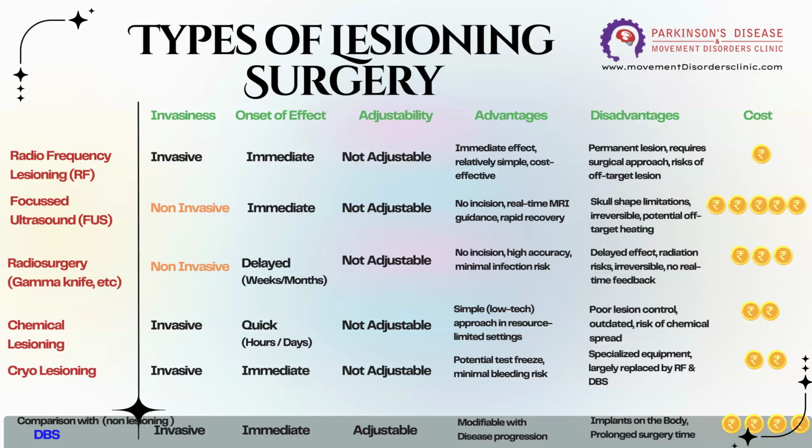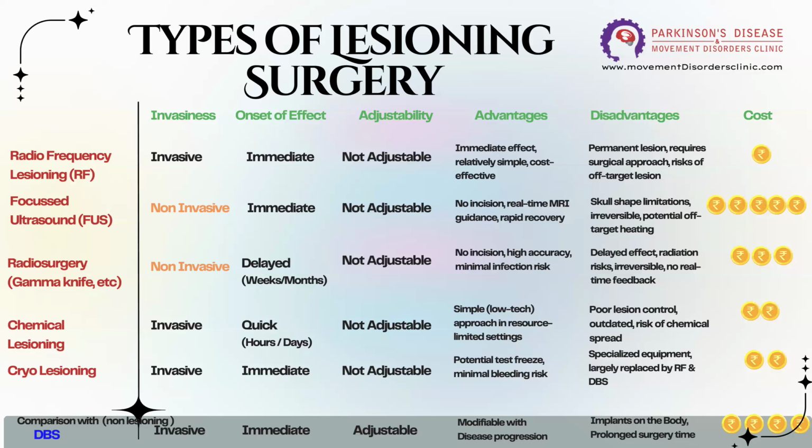Unlike DBS, which can be adjustable. And some of them, like radiofrequency lesioning and focused ultrasound, give an immediate effect. Some give effect after some time, such as gamma knife, because the lesion grows over a period of time. Disadvantages could include no modulation, surgical risk factors, and change in lesion structure over a period of time.